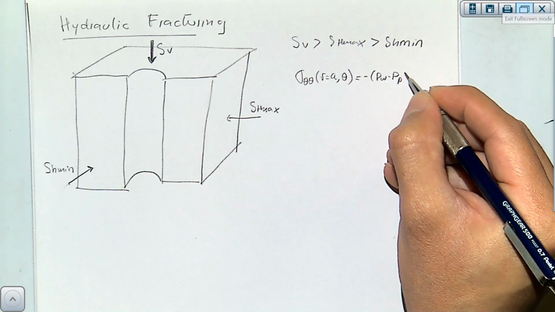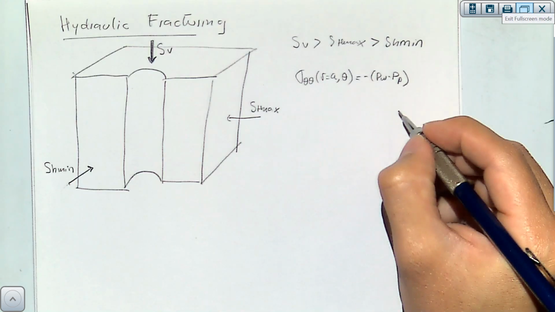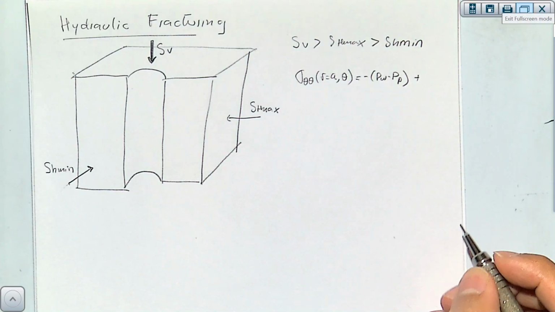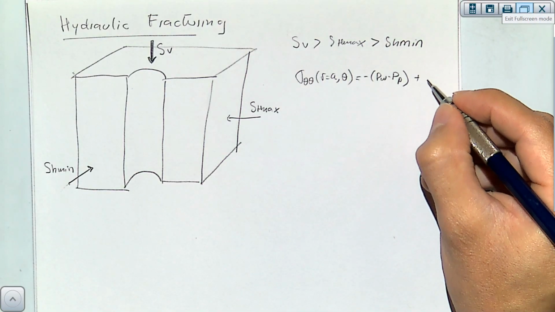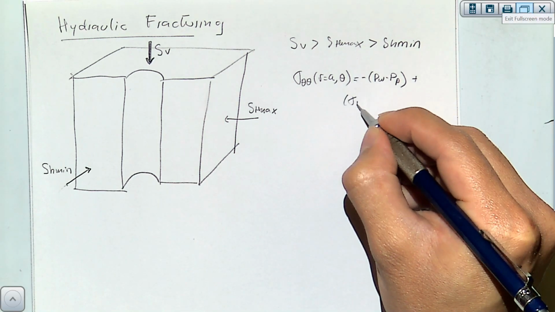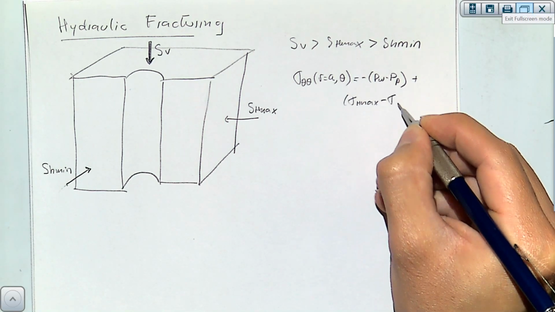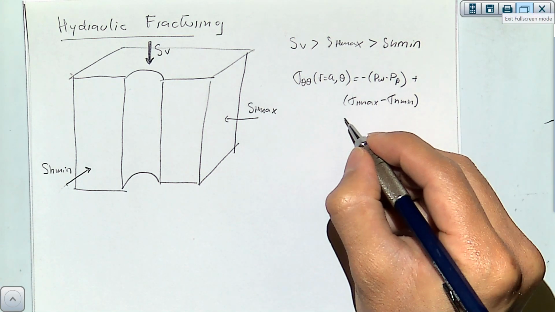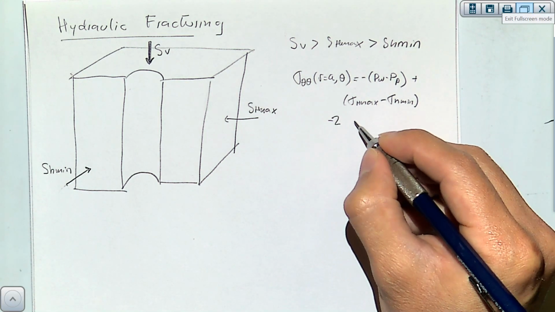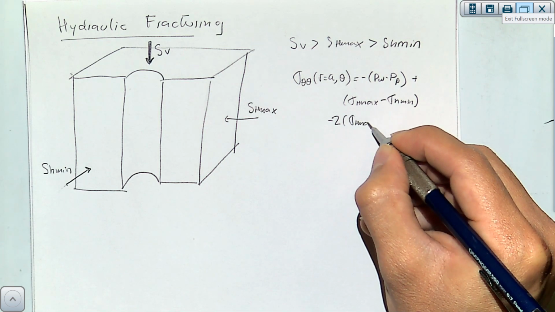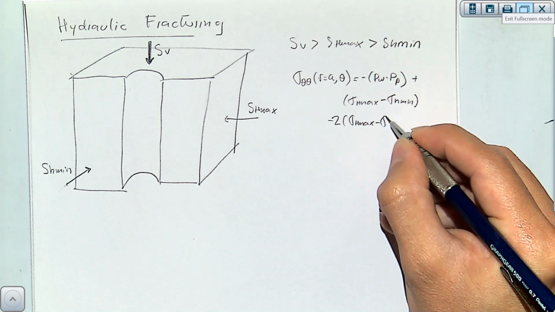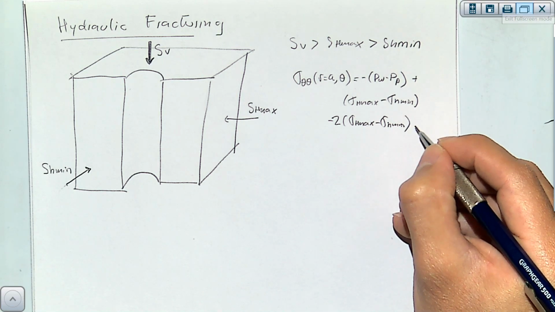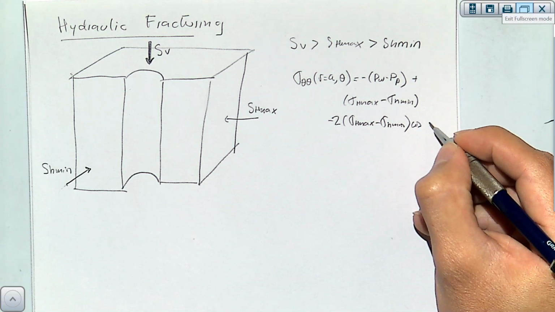I'm just copying the sigma H max minus sigma H min minus sigma H min cosine of 2 theta.